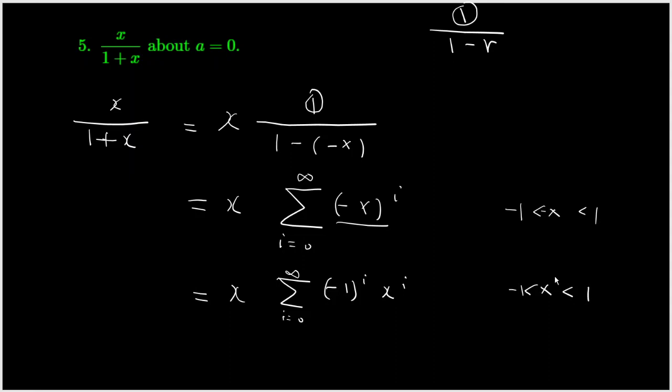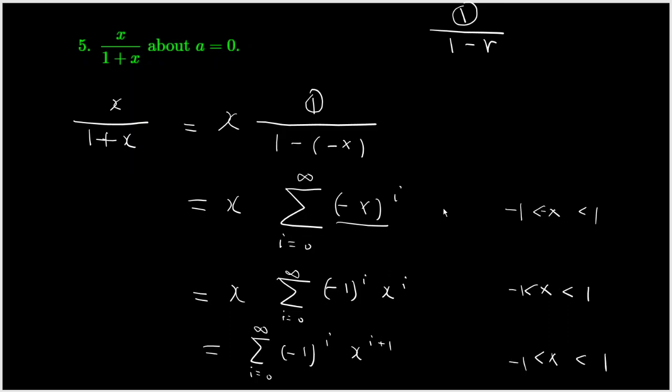Finally, of course, in the form of a power series, you cannot have a function before the summation notation. And by the way, did I tell you the notation is the summation notation? Finally, the final answer is going to be something like negative 1 to the power of i, from 0 to infinity, and every term will become x to the power of i plus 1 for the reason I told you before.